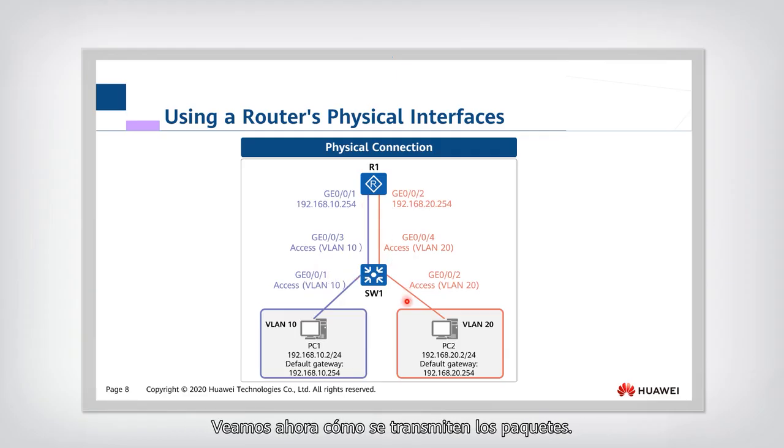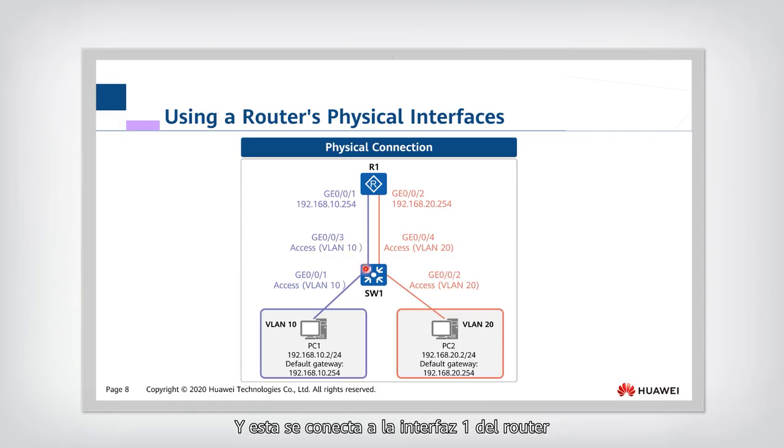Now let's look at how to transmit the packet. Here we configure this interface as the access type, and we only allow VLAN 10's packets to access. And this outgoing interface is also the access type, which allows only VLAN 10.